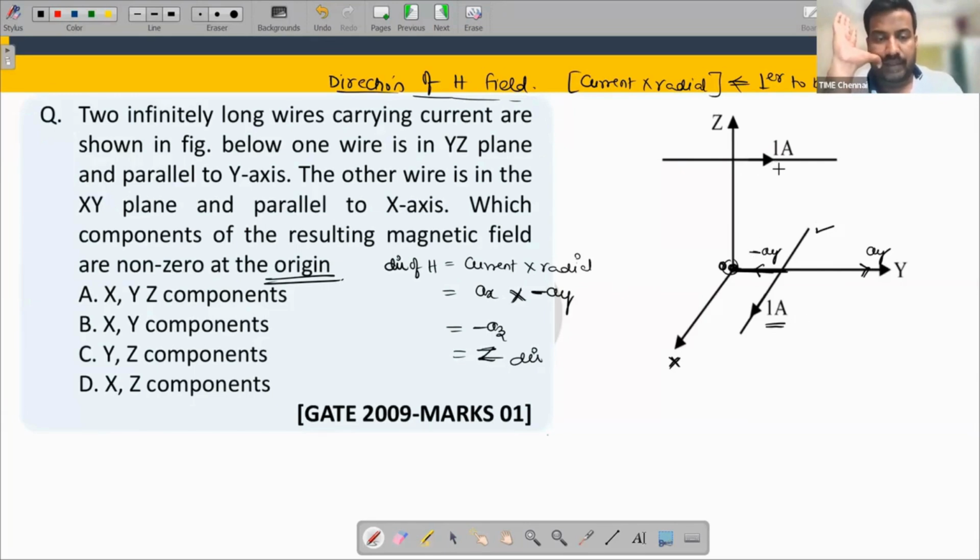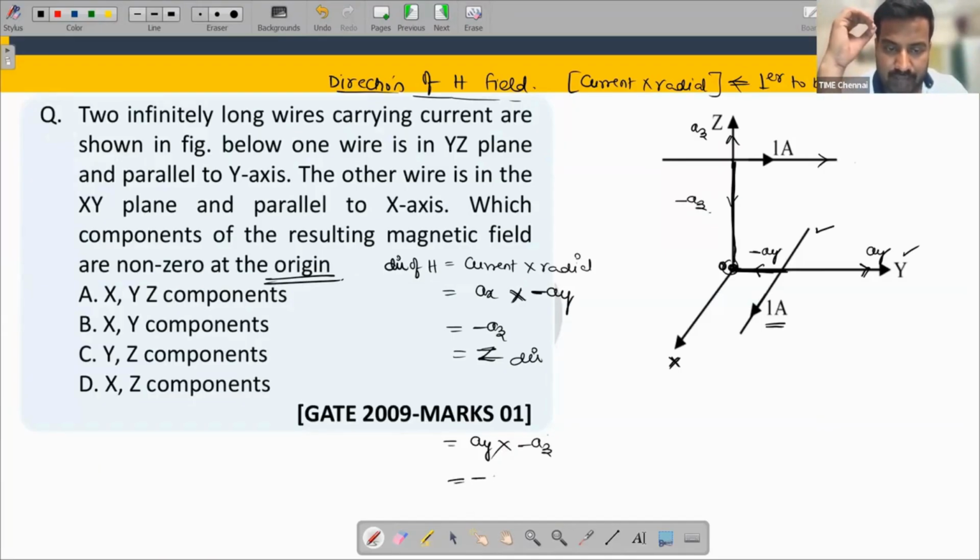Similarly, for this component, here current is along the y direction, cross radial is this. This is along Z, AZ. This is the reverse of it, which is along minus AZ. This will be AY cross minus AZ. No, AY cross AZ is AX.